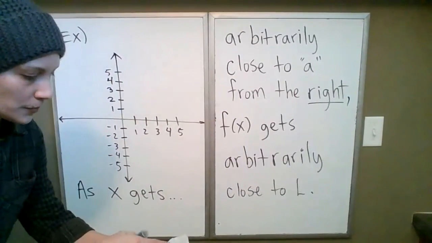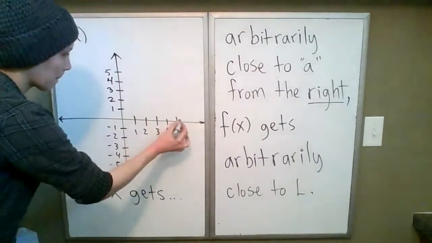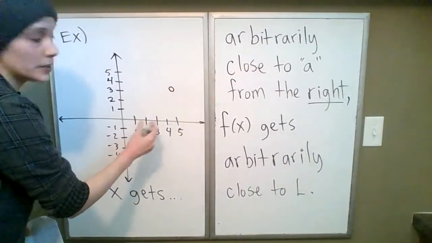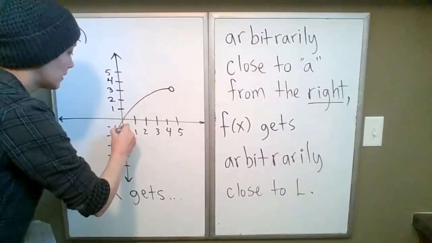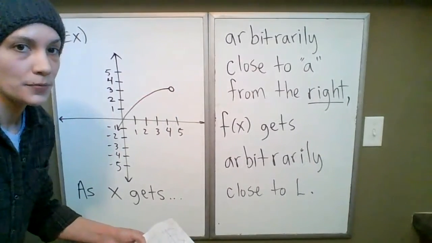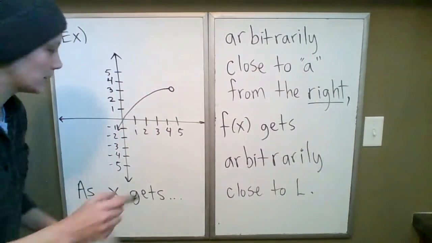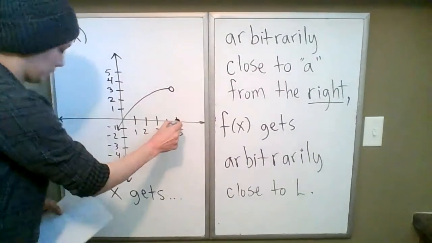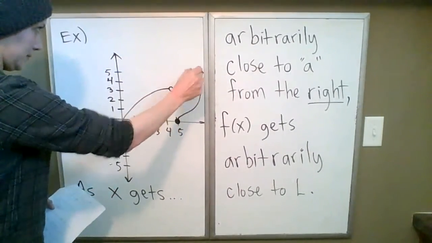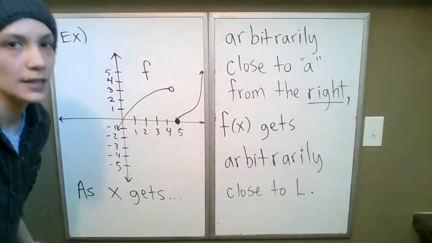I'm going to go over to 5, 4, and there's going to be a hole. And then the function is going to curve down through the origin. And then at 5, 0, there's a point, and then the function goes up like this. And I call the function f.